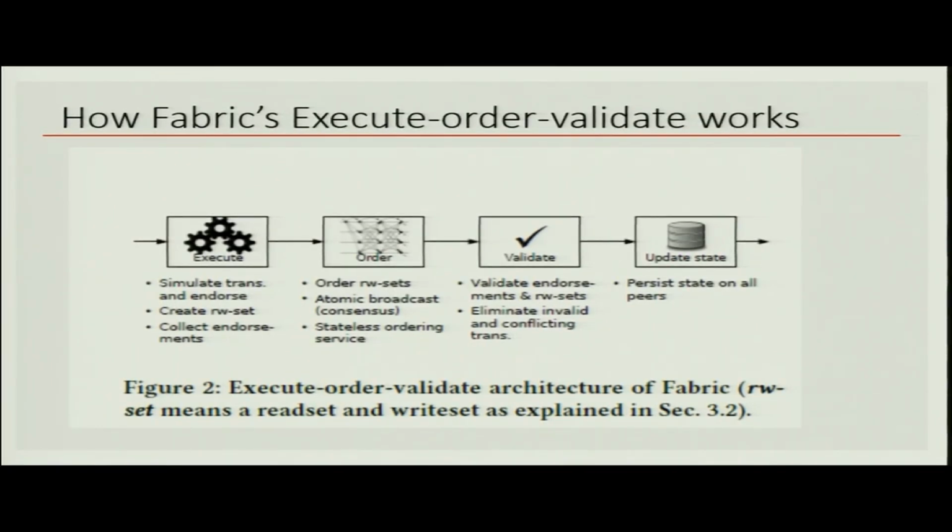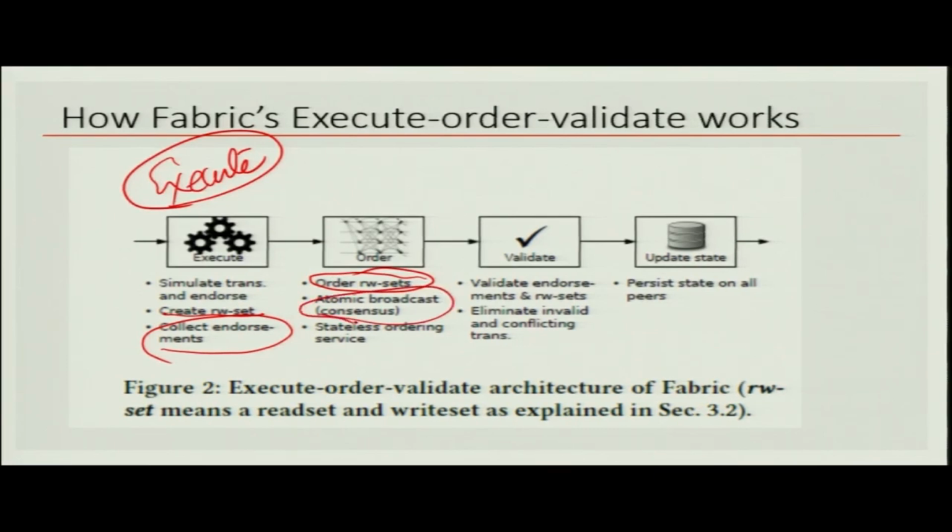So coming back to a picture similar to what you saw before, in Hyperledger Fabric, we have execute, where the endorsers execute or simulate the execution of the transactions and create the read write sets. So they create the read write set and send the endorsements. The ordering service then only orders based on the read write sets and does an atomic broadcast among each other, and does a decide, and then this ordering service is stateless in the sense that it does not keep the state at all.